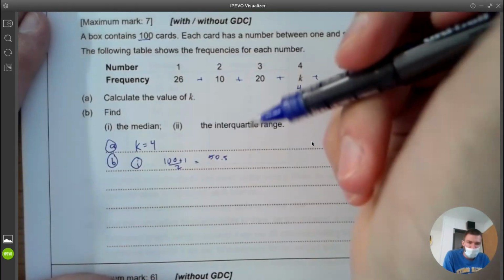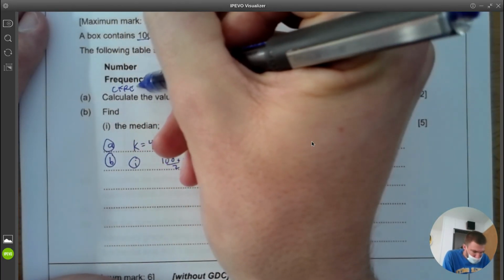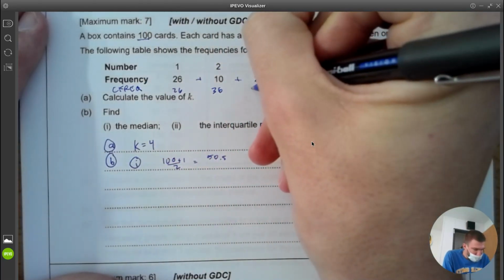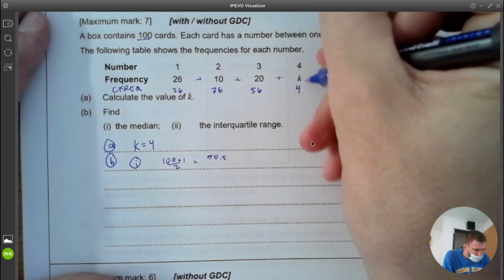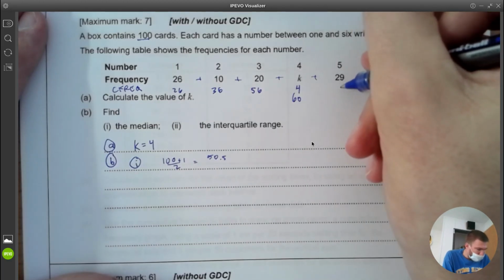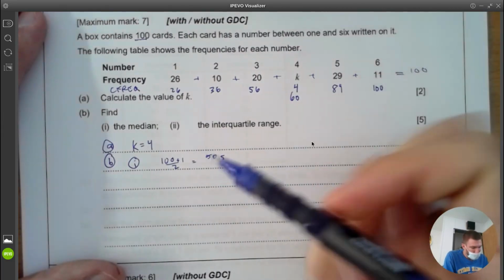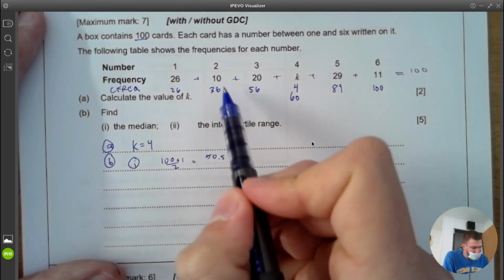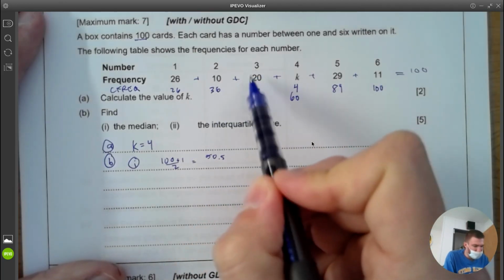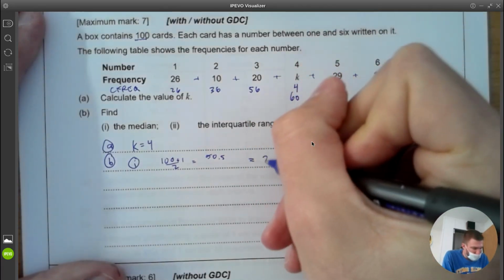If I think about my cumulative frequency, this would be 26, this would be 36, this would be 56, this would be 60, this would be 89, this would be 100. So I would look for where is the 50. All of the numbers from the 36th term to the 56th term are all 20s. So I've just got a whole bunch of 20s in a row. And so the median is 20.